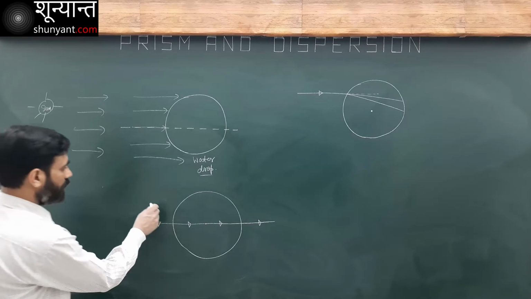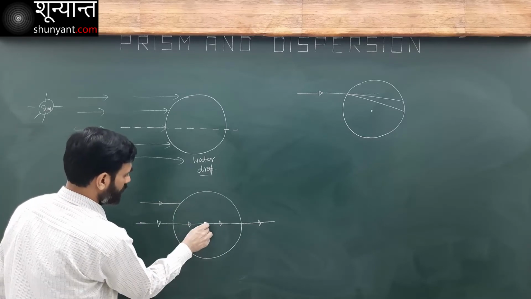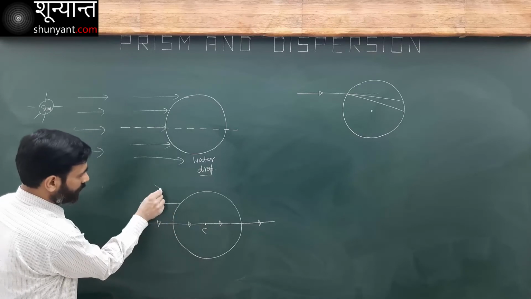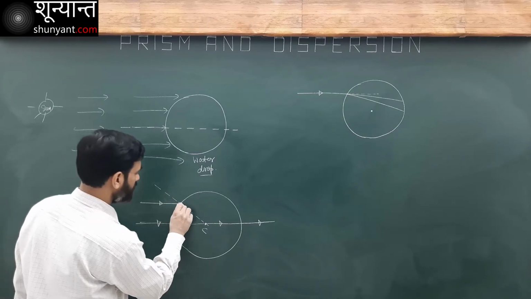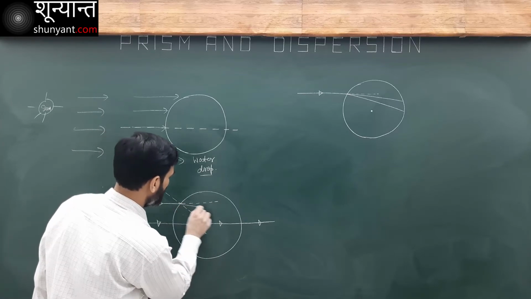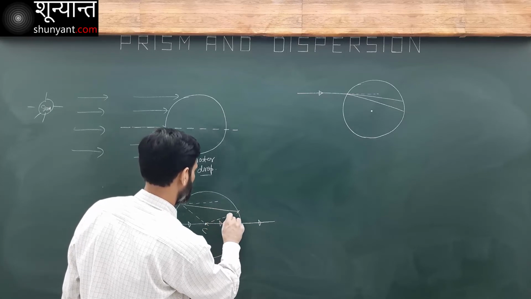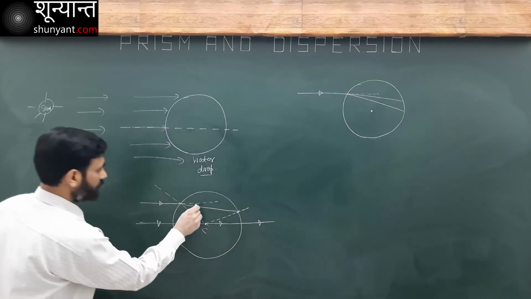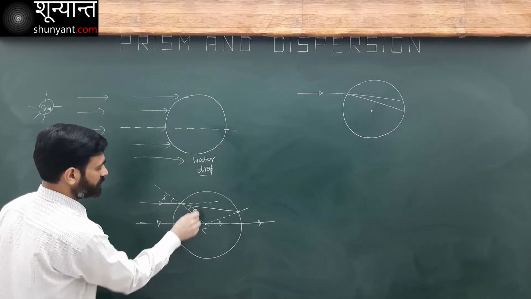Now if I take any other light ray here, this is my center, this will be the normal. This is my light ray. I just want to find out what this angle will be. This is the normal, this is the angle of incidence, this is going to be the angle of refraction.